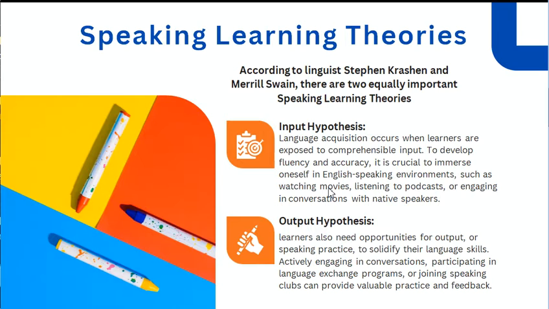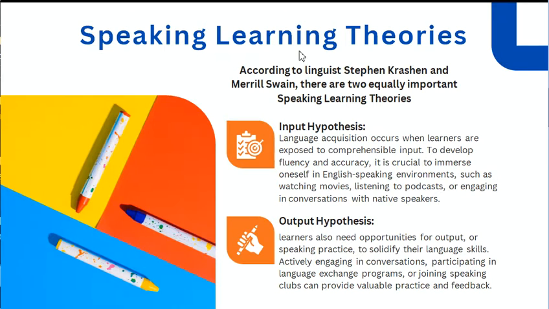Or if you keep listening to the news, for example BBC or CNN or Al Jazeera, anything broadcast in English, or podcasts, or recordings, or YouTube videos, anything recorded in English, that is called input. You have input, therefore you will be able to learn all aspects of the language through listening and getting the input. That's the first hypothesis.